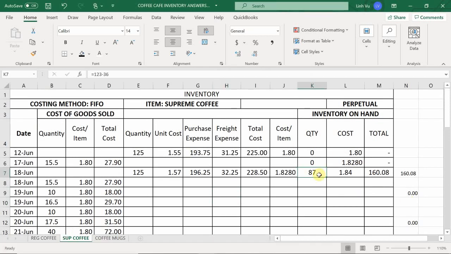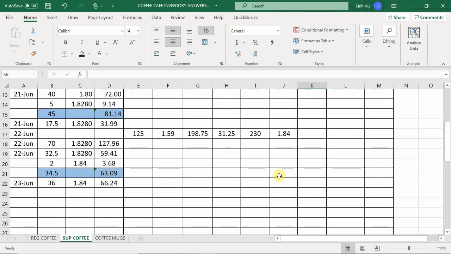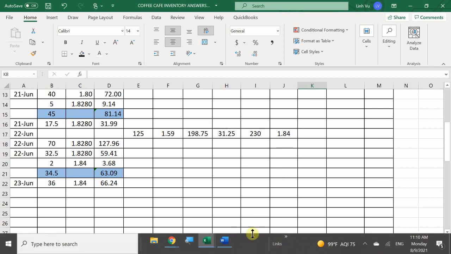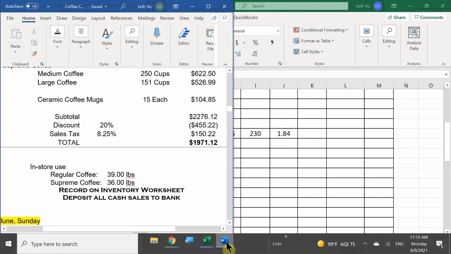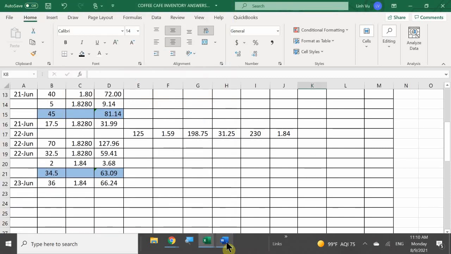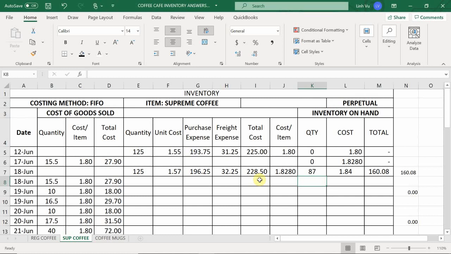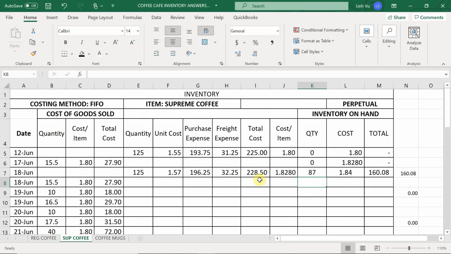So what is that right now? 87. Okay, so it's 87, 184. And then how do you get the 163.76? What was the calculation?